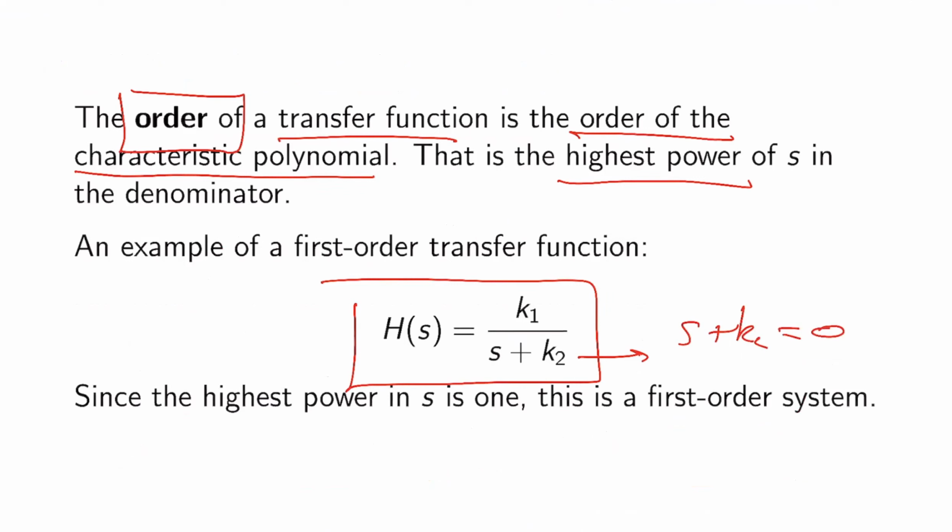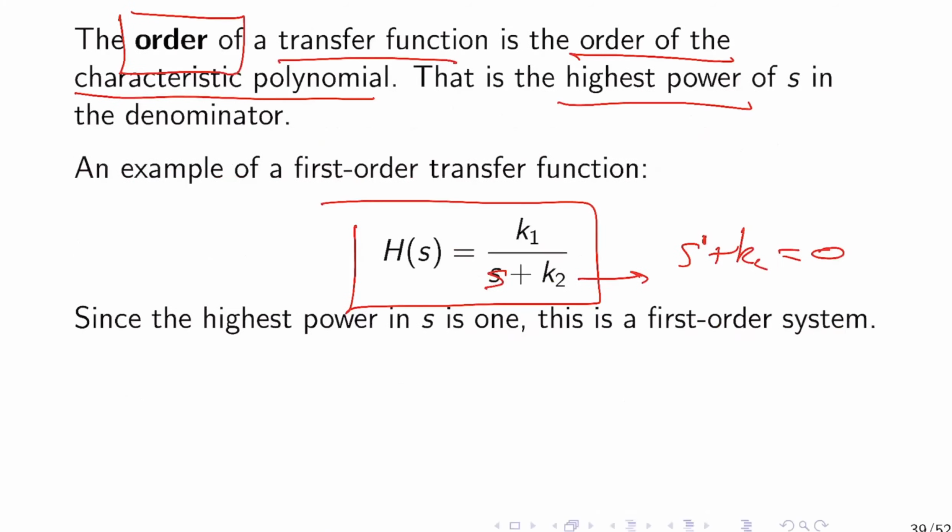What's the order of that? Well, the highest order here is S to the power of 1. Therefore, this is a first order system. That's why I've been calling this a first order system all along, because the highest power of S is 1, hence it is a first order system.